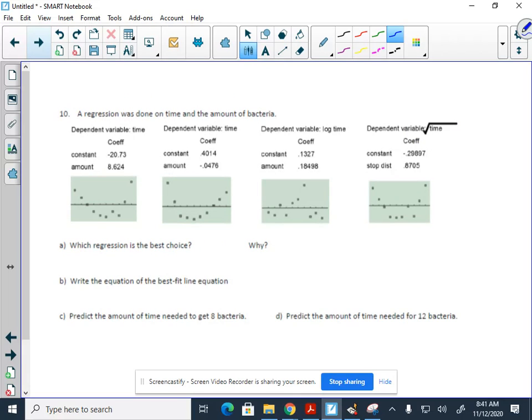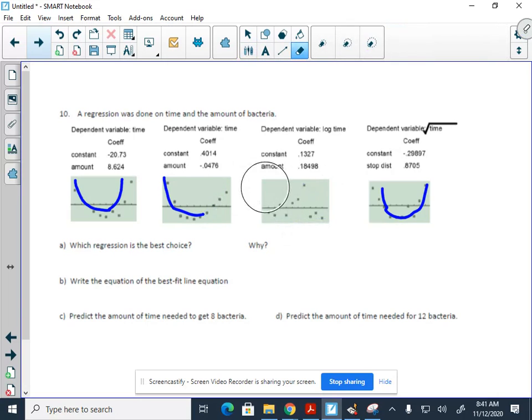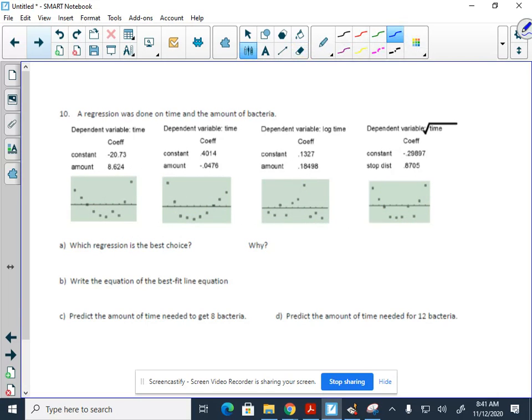Which one's the best choice? Well, they all have their issues, but these three are clearly curved. Now this one, we can argue it's got thickening variance and should be ruled out as well, but at least it's got some ability to be random. So if I had to choose, I am going to choose the third one, which is the log, because it is more random.